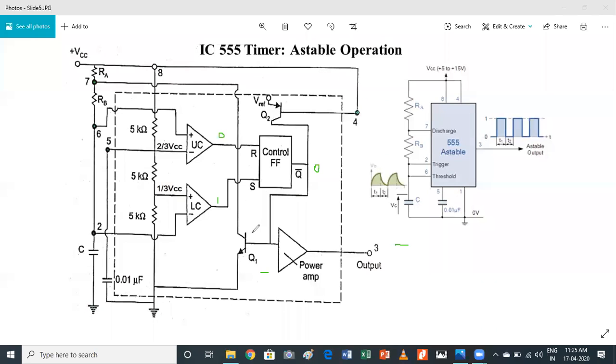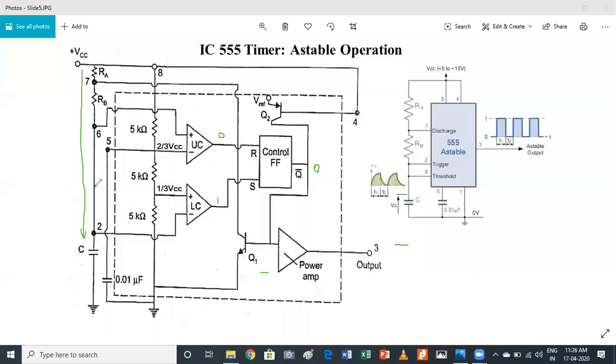Q1 is in off state. If it is off, this capacitor starts charging through this RA, RB.